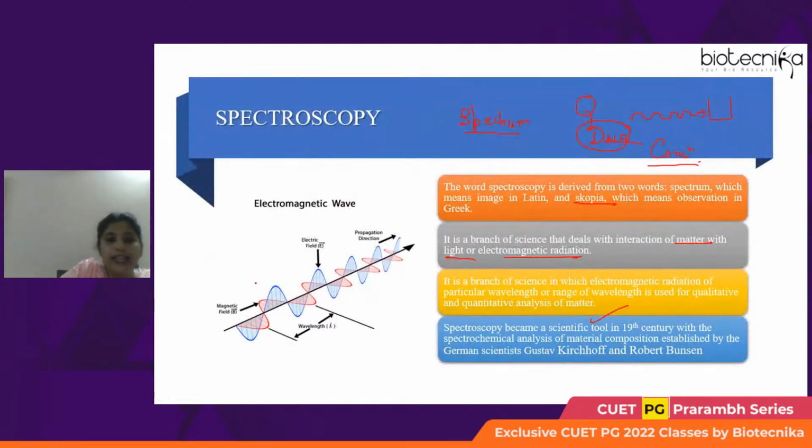These photons have an oscillating electric field and magnetic field perpendicular to the direction of each other. This is the reason we call it an electromagnetic wave. There is a reason for everything. So why do we call it an electromagnetic wave? Because the electromagnetic radiation consists of discrete packages of energy called photons, which have an oscillating electric field and magnetic field perpendicular to the direction of each other.